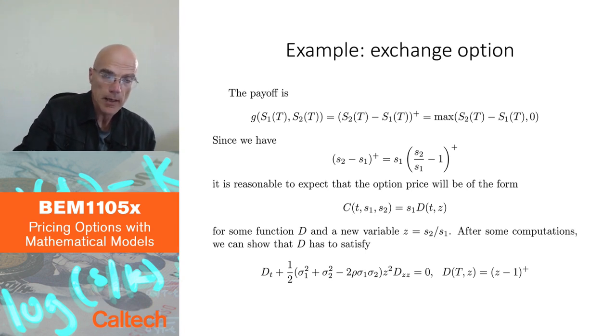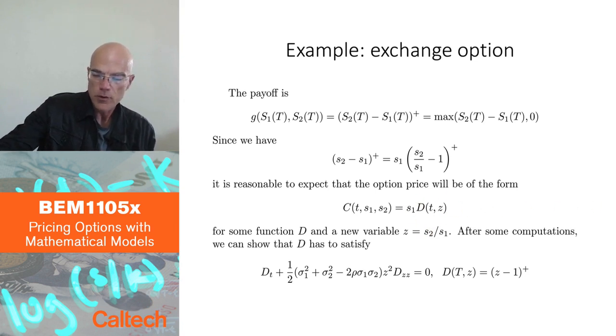So we make a guess, we conjecture that the price at some time small t before capital T, before maturity, is going to be of this form. It's going to be a product of S1 times some function d of t and z, where z is a new variable which is equal to S2 over S1. Okay? At this point, this is just a guess.